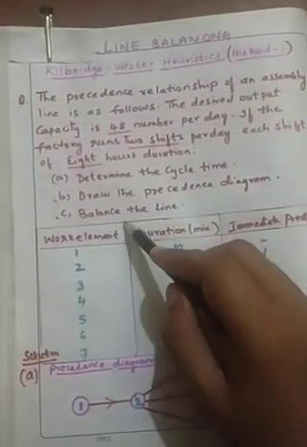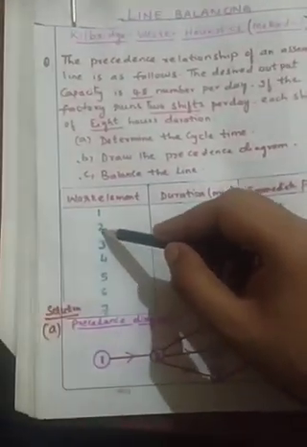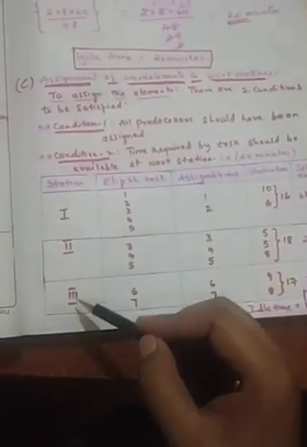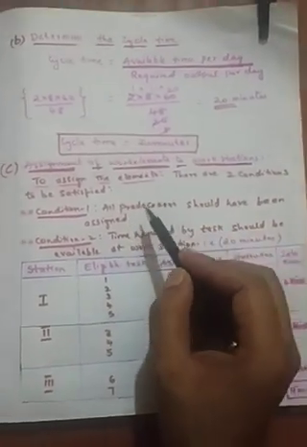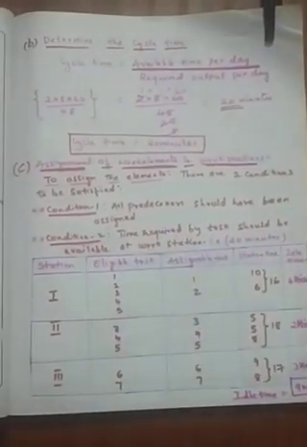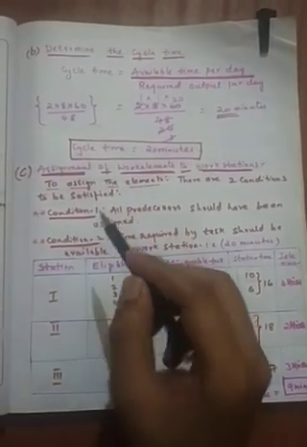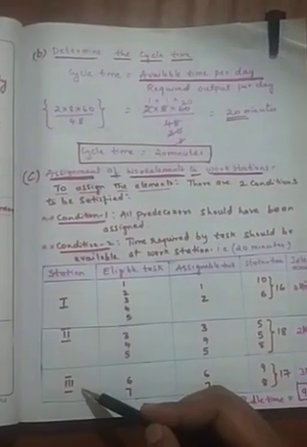Then the third one is balance the line. Balancing the line is nothing but all these 7 elements are to be allocated to different workstations. Here you can see I have allocated to the different workstations by adopting the 2 conditions here. Condition number 1, I repeat, to assign all the 7 elements to different workstations.